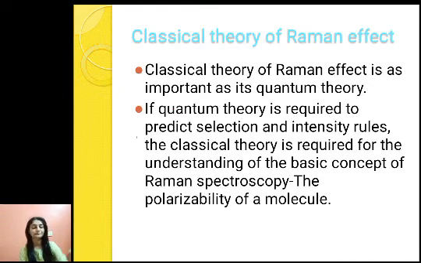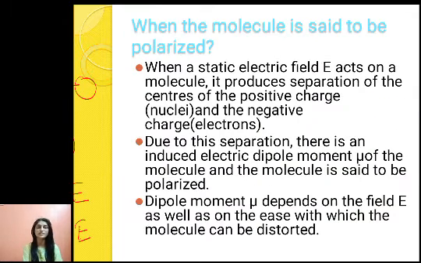Let us first try to understand what is polarizability of the molecule, or when we can say that the molecule is polarized. Suppose we apply a static electric field on a molecule. It produces separation of the center of positive charge and negative charge.